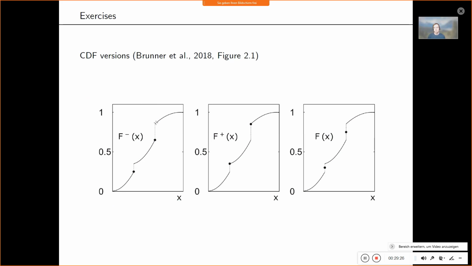And then of course this can make quite a big difference in terms of what you now call the CDF value for some value x. And then the idea of these Brunner guys, based on some obscure papers from the 80s, is to use neither this larger CDF value corresponding to the right continuous version, nor the smaller value corresponding to the left continuous version, but the average.